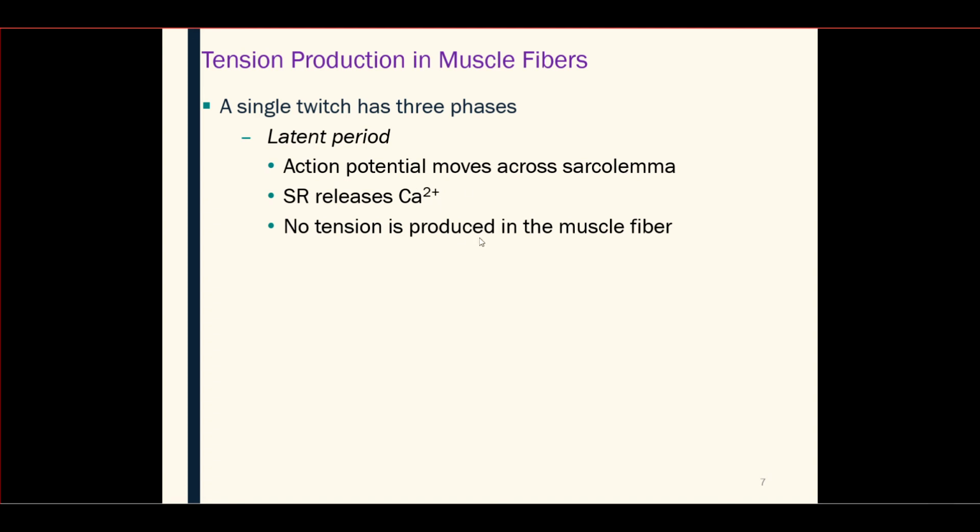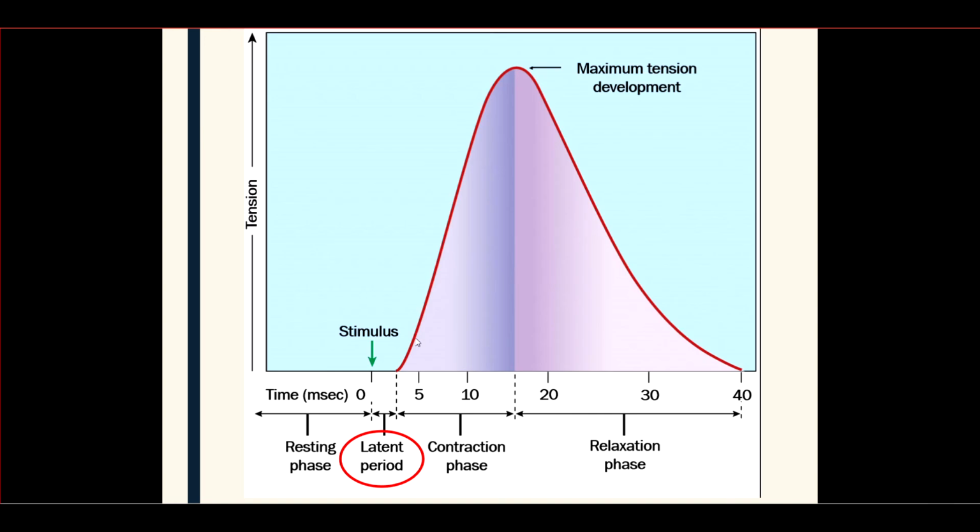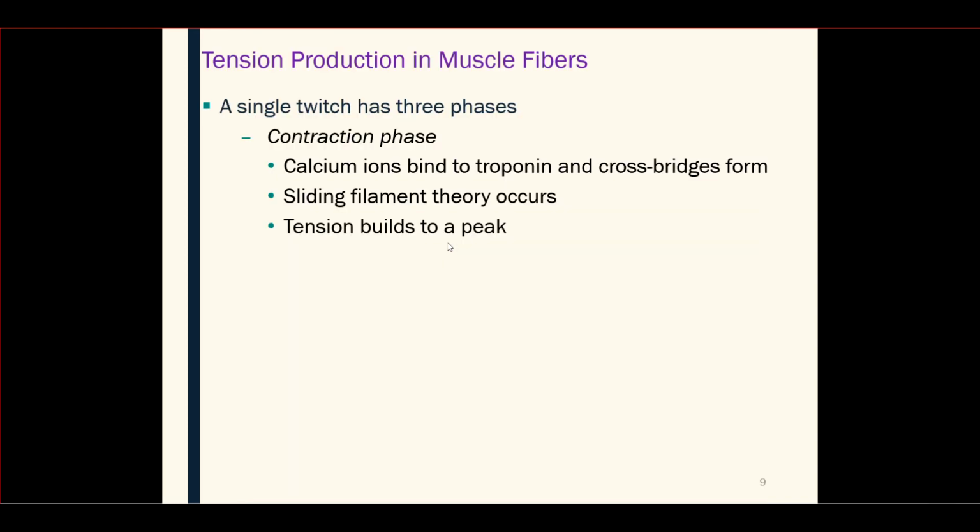So no tension is produced. So it's important to note during the latent period, activities are happening within the muscle fiber, but there's no tension being generated. Then at some point here, it looks like 3 to 4 milliseconds, the curve starts to go up and the muscle fiber starts to generate tension.